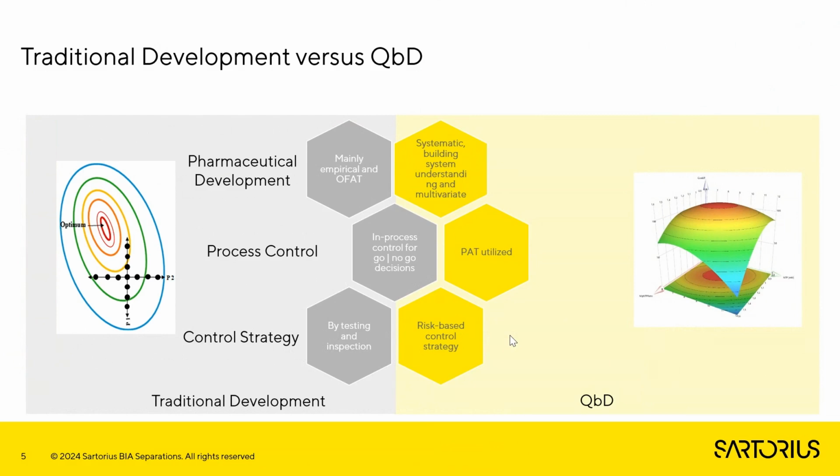One is pharmaceutical development, which in the traditional approach is empirical and does one factor at a time, or OFAT. Quality by design would try to build a systematic understanding and apply a multivariate approach to understanding the pharmaceutical and process development. Second layer is process control.